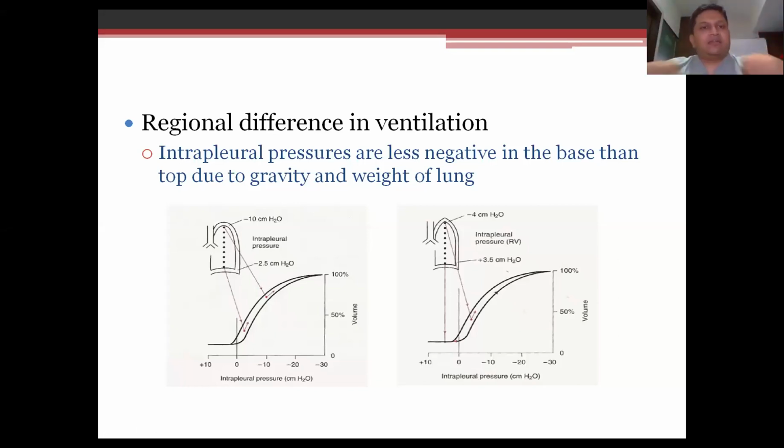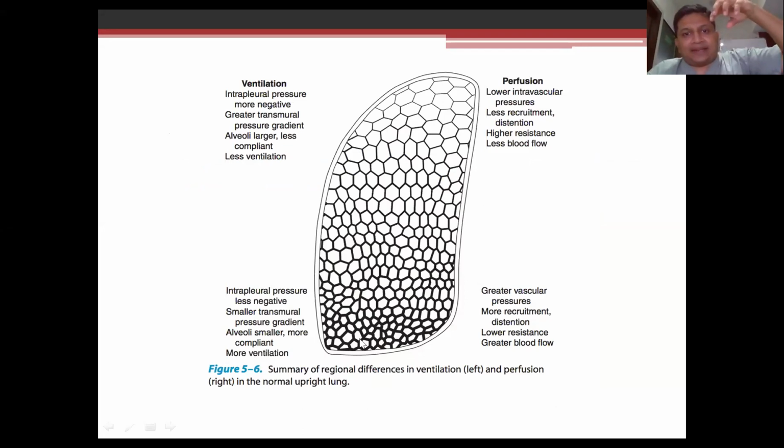Our lungs in our thoracic cage are like two airbags hanging from the mediastinum. So in the upright position, gravity also pulls down the lung. So there is a difference between the size of the alveoli in the upper part and in the lower part. The upper part is hanging, so the stretching of the alveoli is more there, and the lower part is resting on the diaphragm.